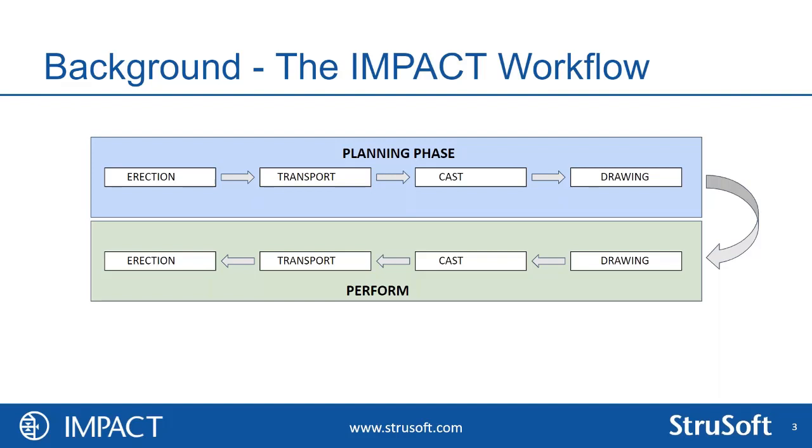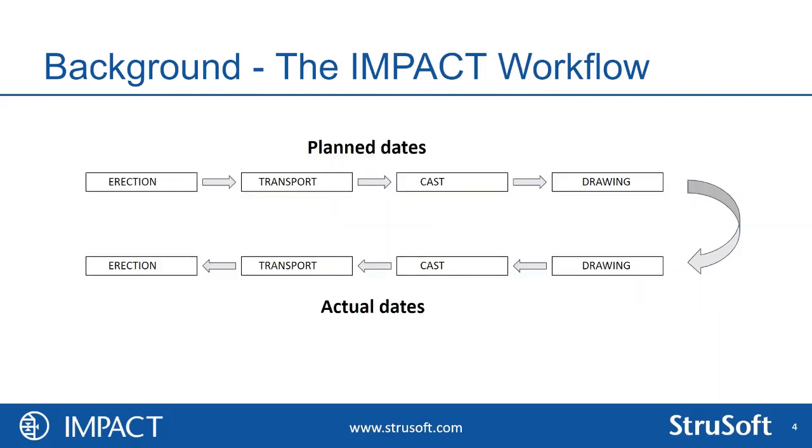So this is basically the planning phase, and the perform phase, as we see it, goes in the other direction. You have your drawing, you cast your element, you transport your element, you erect your element on site, and there you have the building. So in Impact, we have plan dates and actual dates.